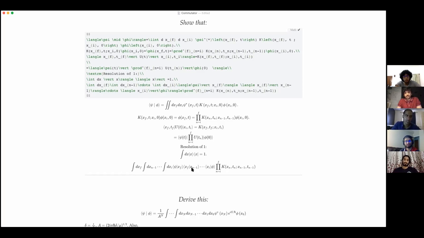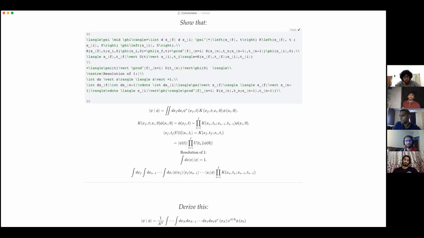Now, position eigenbasis, right? The position eigenstates are all orthonormal, which means what? Which means that the psi and phi that we chose initially are position eigenstates, right? Yes. So they're basically x_f, t_f and x_i, t_i. That's all they are. So you only get delta functions from them too.